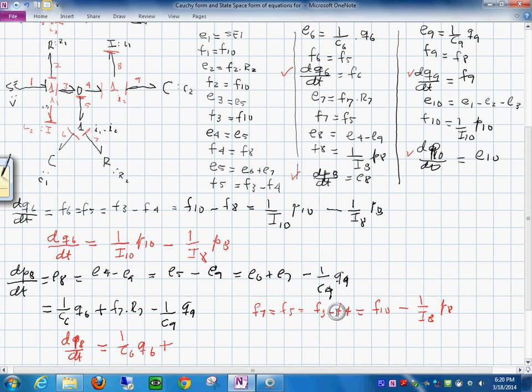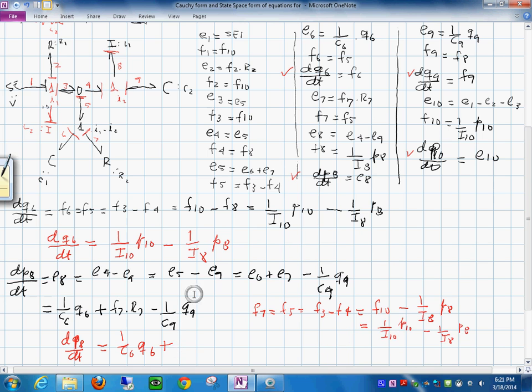Am I right? See, this is F10, and what is F sub 4? It's F8, 1 over I sub 8 times P sub 8. So we have F7 would be... but then I didn't complete this. This right here is 1 over I sub 10 P sub 10 minus 1 over I sub 8 P sub 8. Then we're fine.